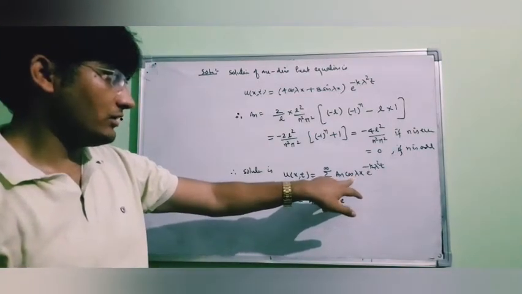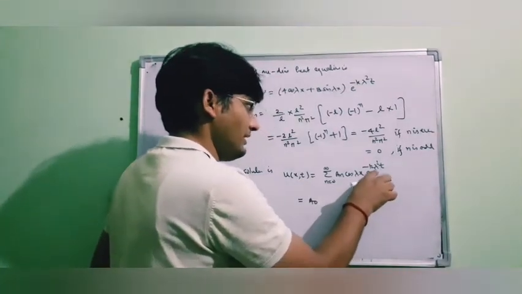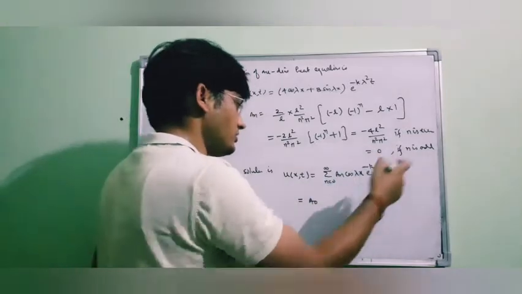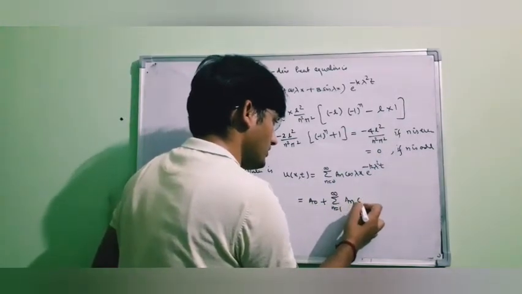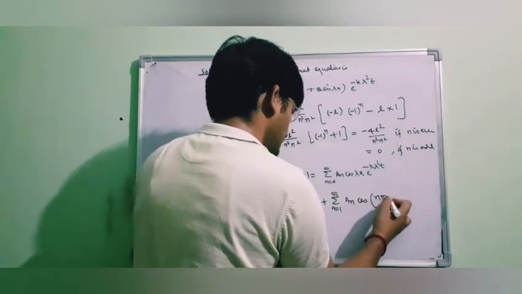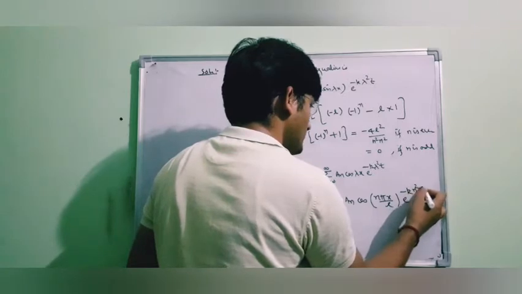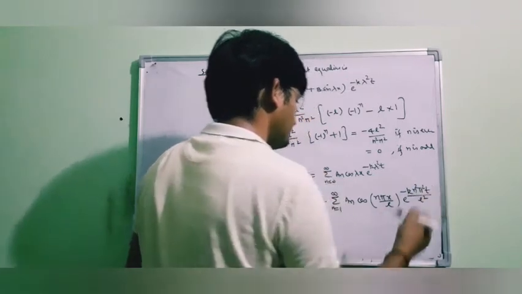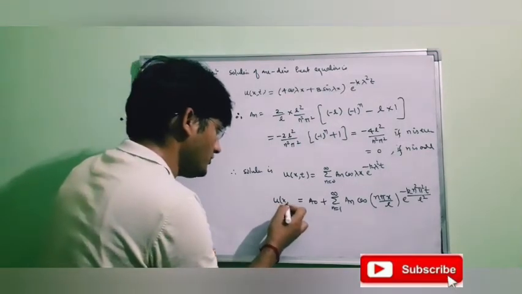So if n is 0, then your cos 0 is 1, so this will be your a naught, and again lambda was n pi upon l, so this will be e power 0, that is 1, and then we have n equal to 1 to infinity an cos(n pi x upon l), then e power minus k n square pi square t upon l square. Now let us put the value of coefficients.